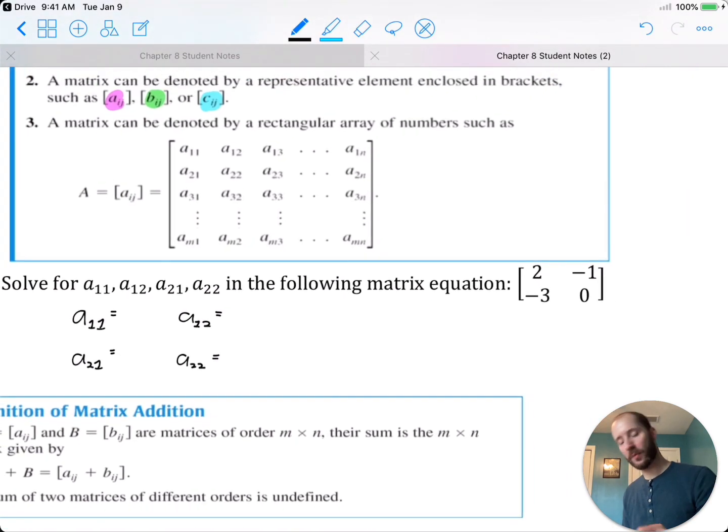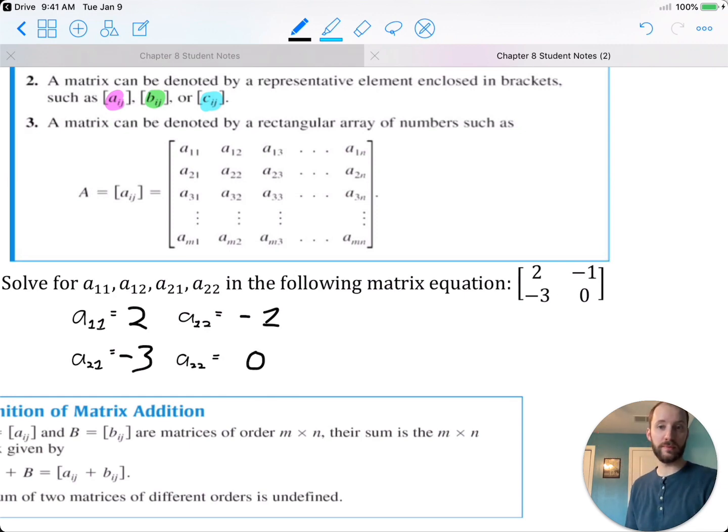So a sub 1,1 is the first row, first column. That is 2. A sub 2,1, second row, first column. That's -3. And then, of course, -1 and 0.